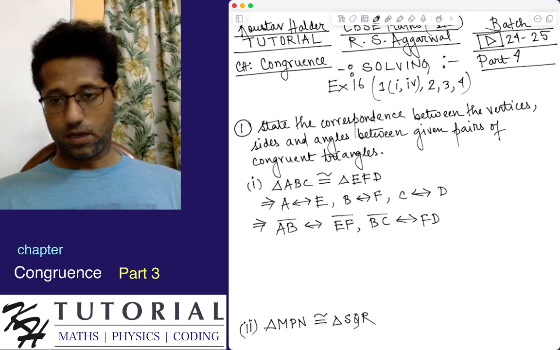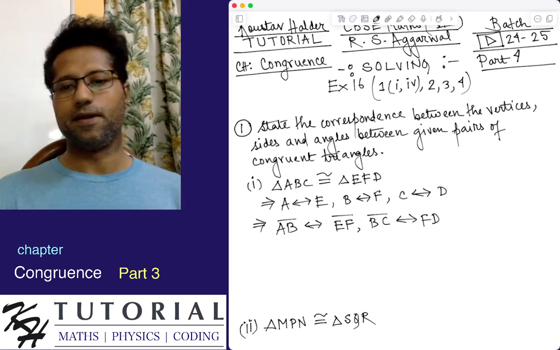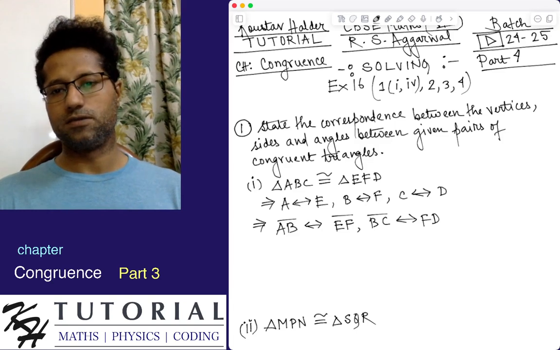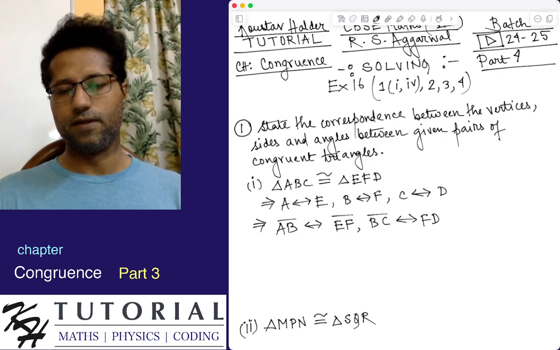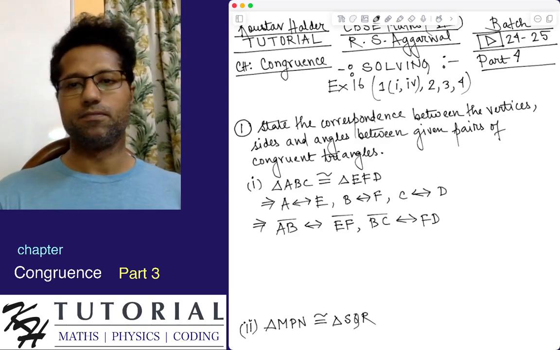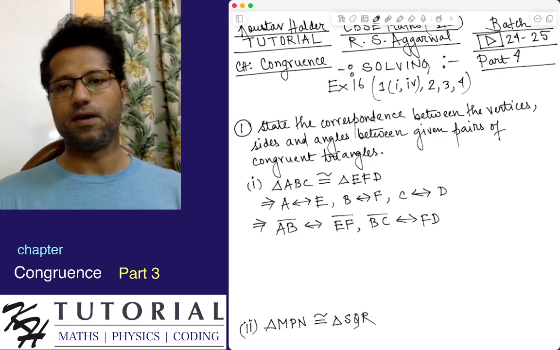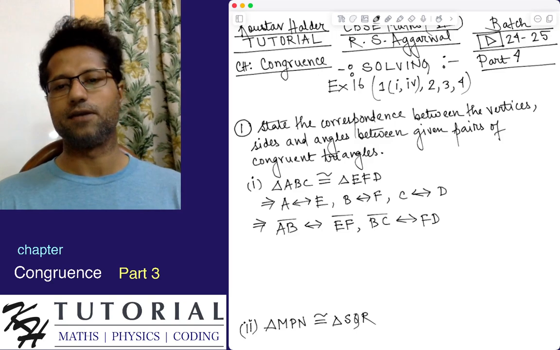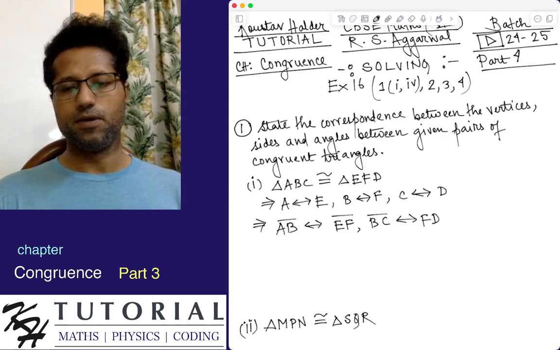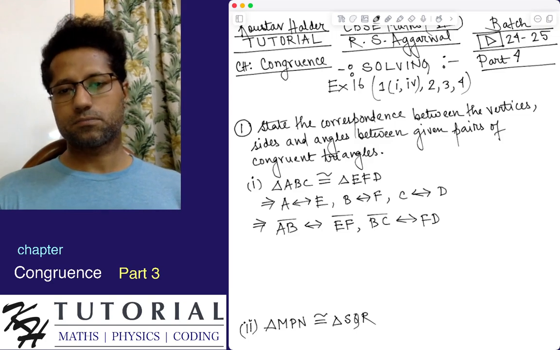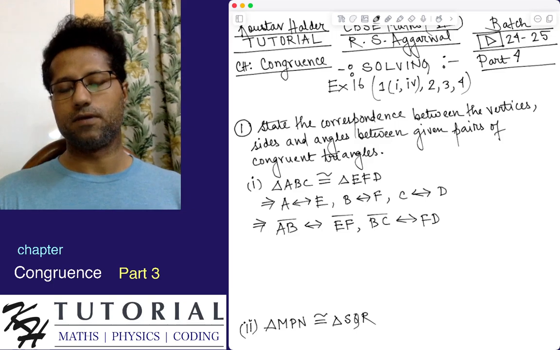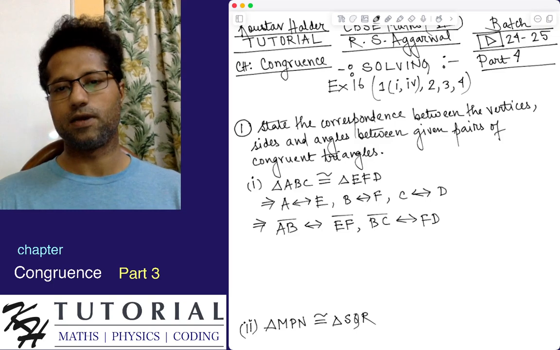Now how I am saying this: if the congruence of two triangles is given, then you take 2 letters at a time. So in triangle ABC, if I take 2 letters at a time, I get the sides. The first 2 letters are A and B, so I get the side AB. The second 2 letters are B and C, so I get the side BC, and the third pair of vertices is C and A, so I get the side CA.